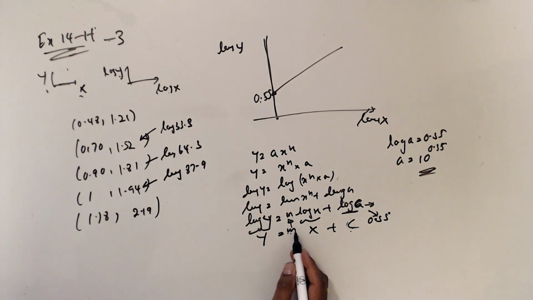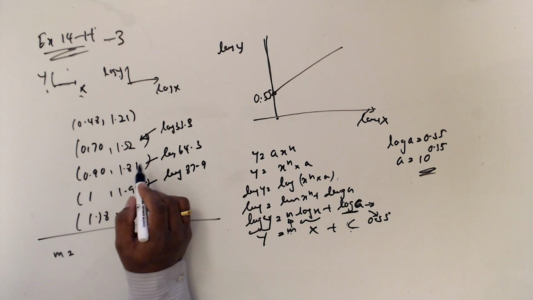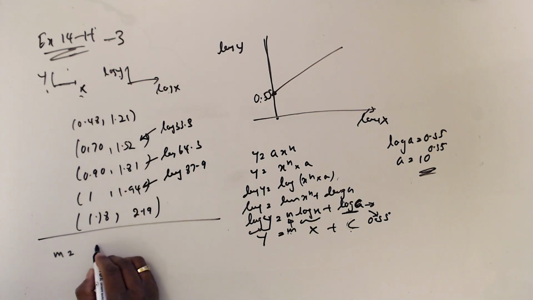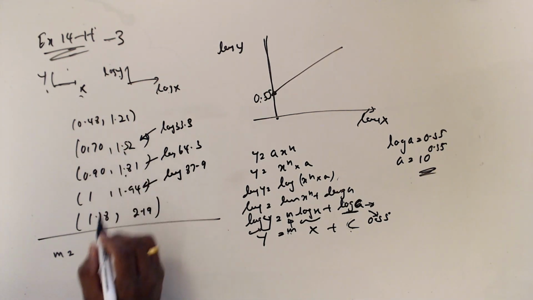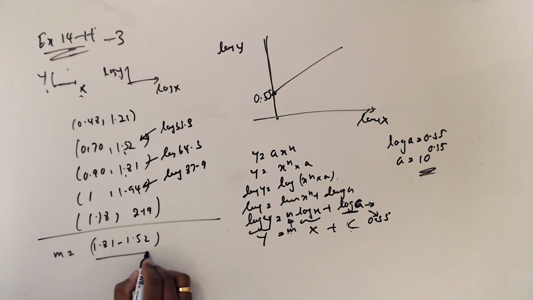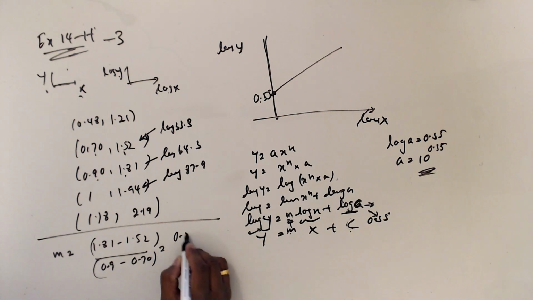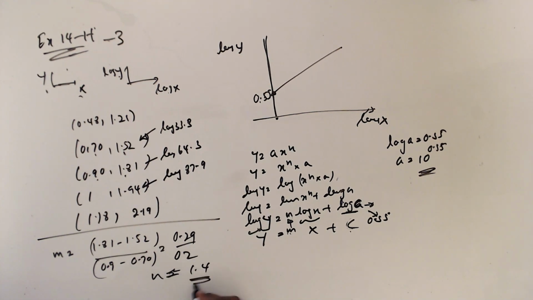I want to find the gradient m, taking y1 minus y2, 1.81 minus 1.52, over x1 minus x2, 0.9 minus 0.70. That is 0.29 over 0.2. So this is going to be approximately n equals 1.4.